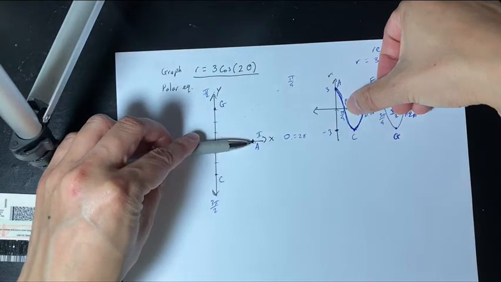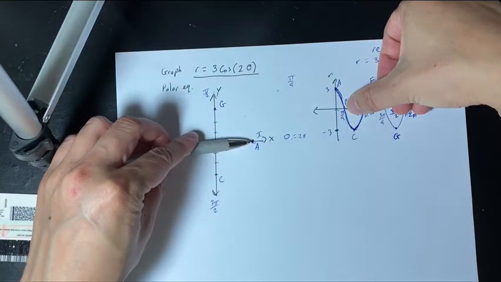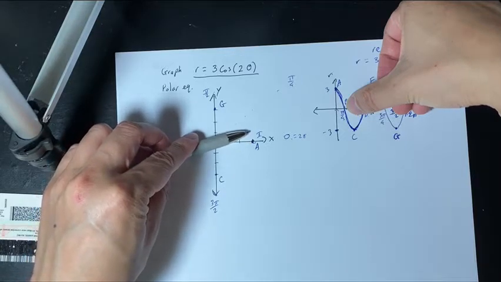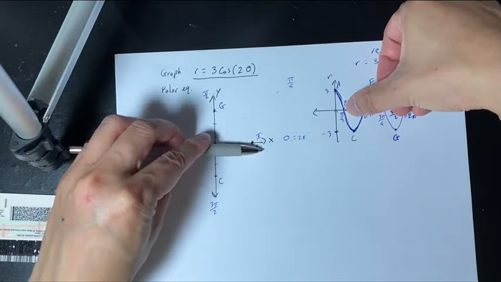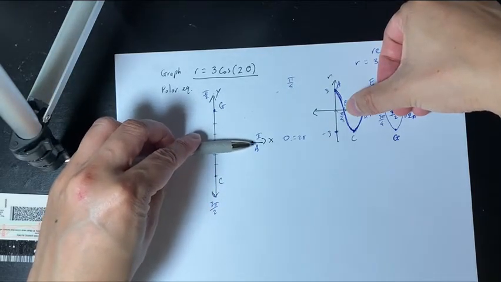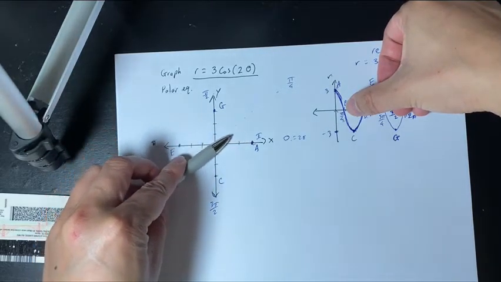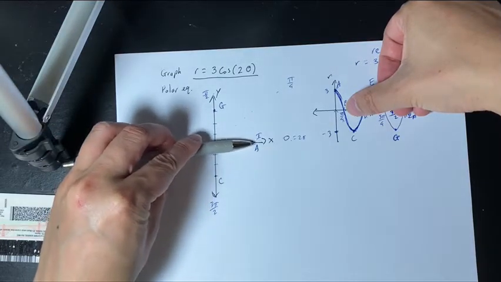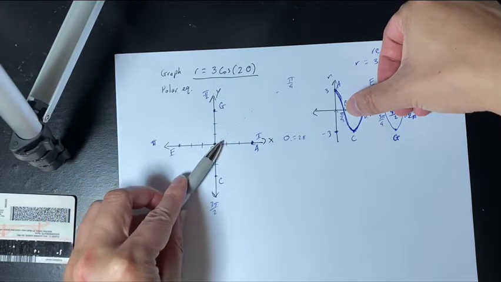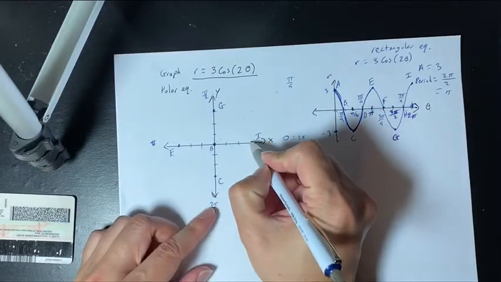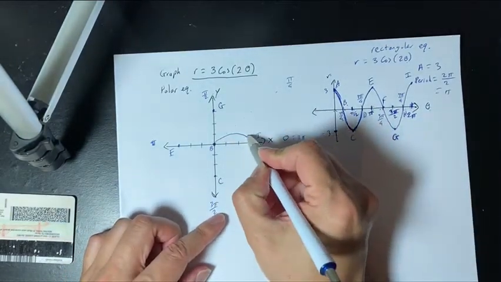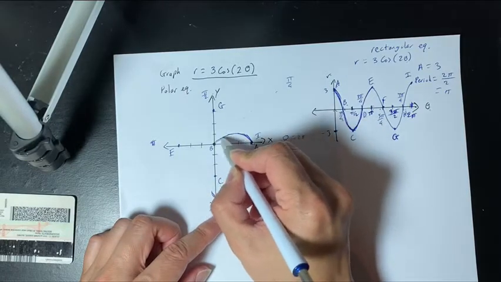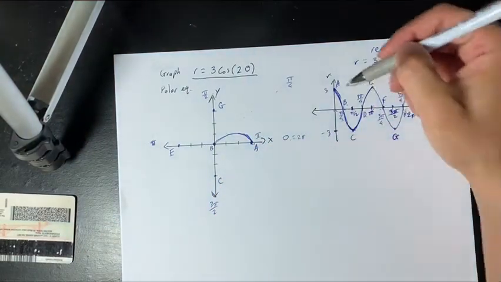So if you trace that, as angle increases, radius decreases, angle increases, radius decreases. If you kind of just trace that continuous motion, yeah, see that? It'll look something like this. Okay.